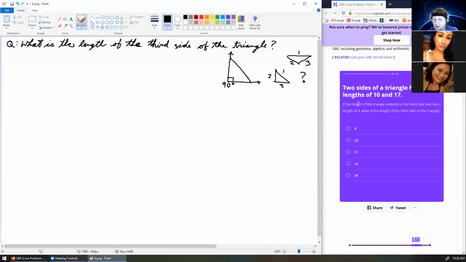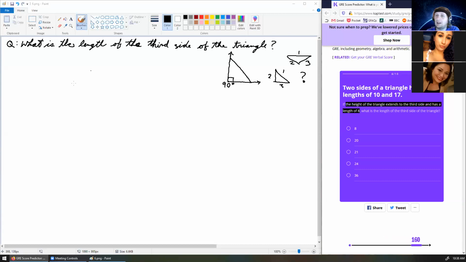The height of the triangle extends to the third side and has a length of 8. That's enough of a hint for us to construct this triangle.